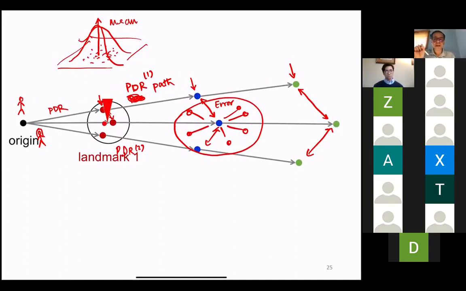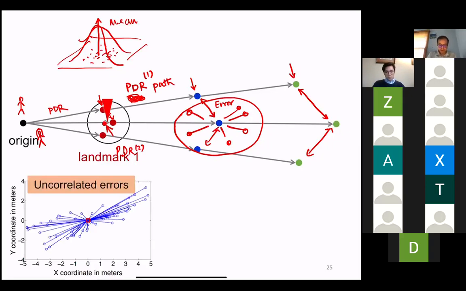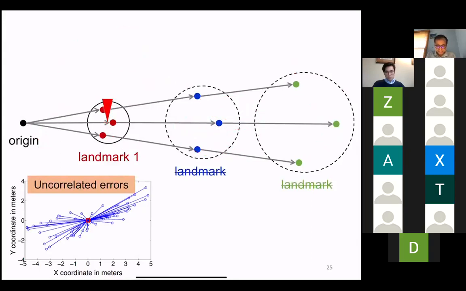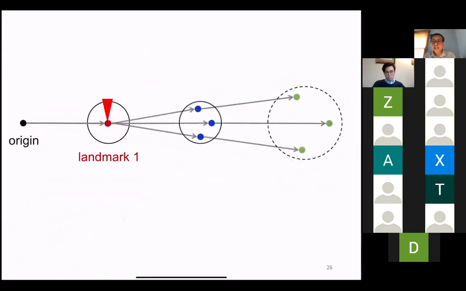And here is the important part. Please pay attention if you are with me thus far. I say, oh, if the landmark is over here, then I can reset everyone to that location. So all the paths, first of all, these errors are uncorrelated. But then I reset all the guys who walked to that location that I estimated.